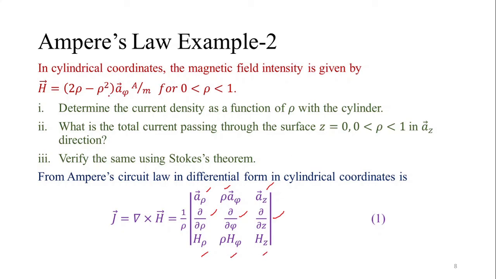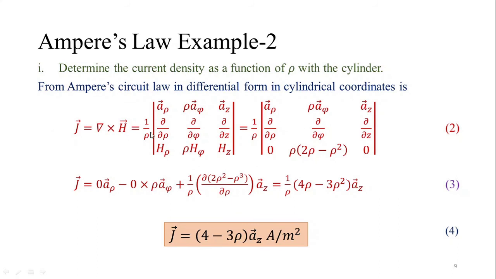Here the value is given only along A phi, so H phi only is given. Just substitute the value, that is 2 rho minus rho square. The remaining two quantities are 0. If we expand this, you will get J vector is 1 by rho times 4 rho minus 3 rho square Az, and the unit is amperes per meter square.